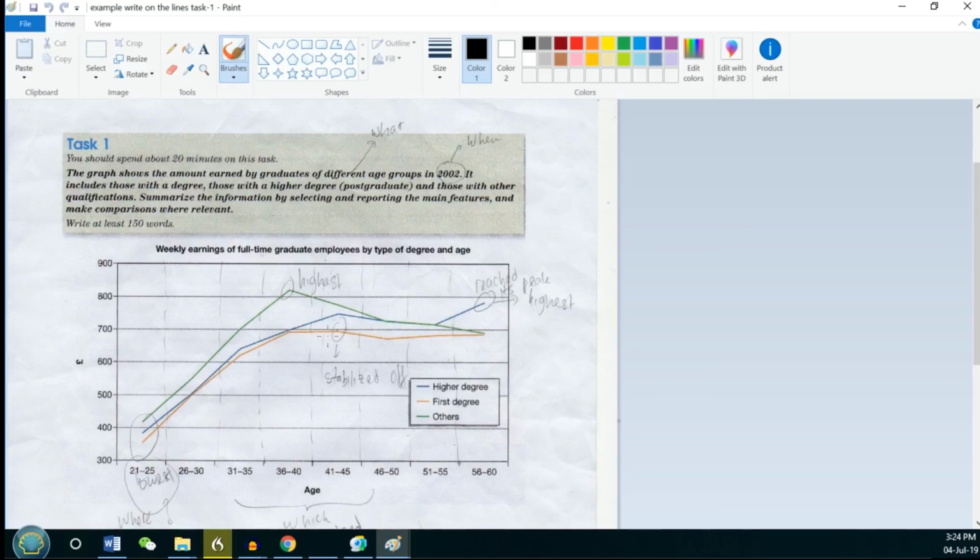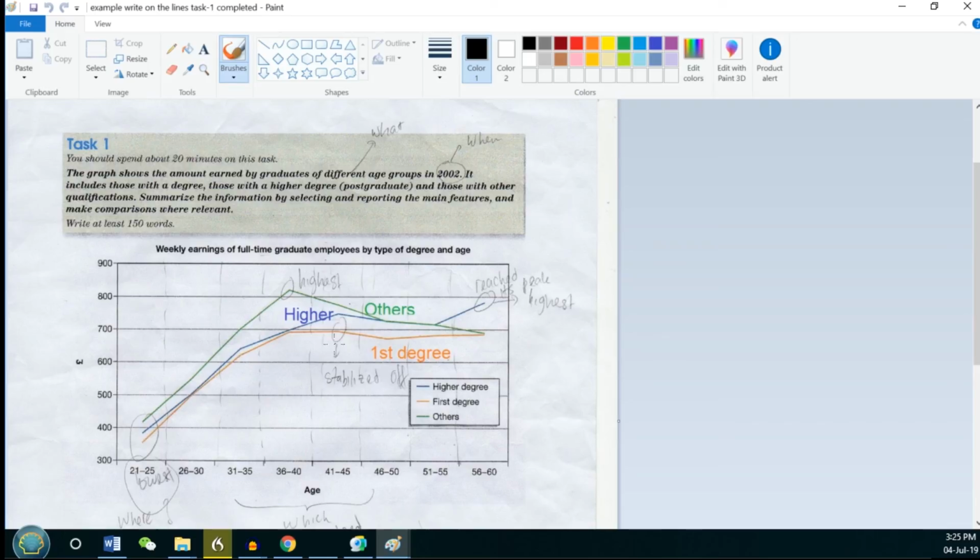Let me show you what I did, and then I'll explain the overall summary. What I did is I put labels onto the chart. I've got the top line labeled as other degrees so that I won't make a mistake, so I won't stuff it up. And then higher degrees here, and then first degrees here. You could probably miss out this higher one. If you know what are the others and what's the first degrees, we can work that out.